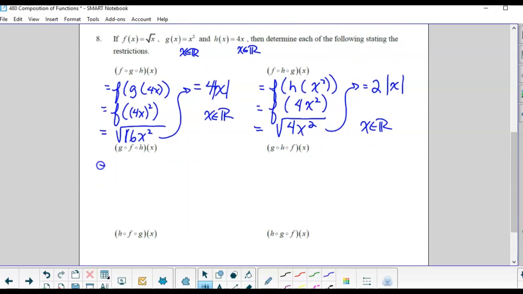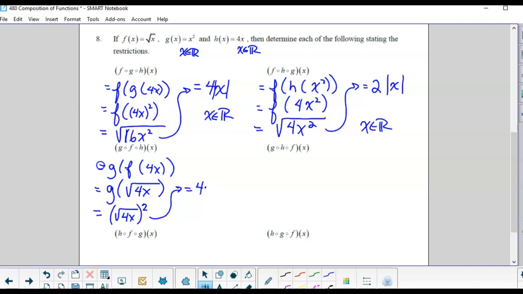Then g of f of h is g of f, which is root of 4x, and g is root of 4x all squared, which is going to be 4x. Now in this case, inside x could be anything, but then when we take the square root of that, we can't take the square root of a negative.